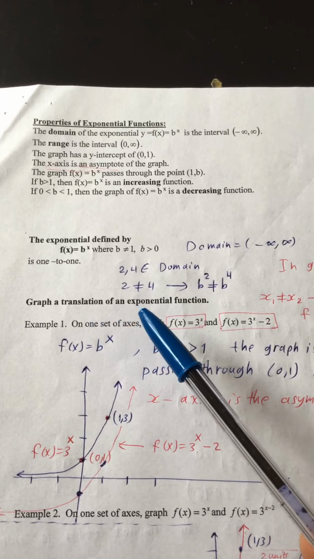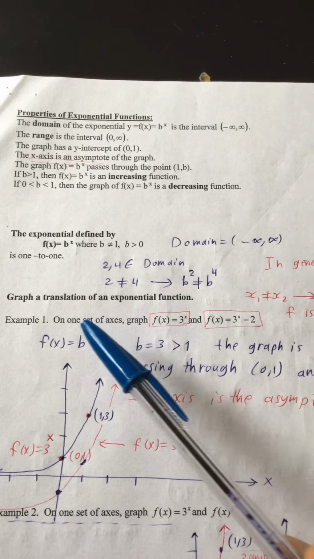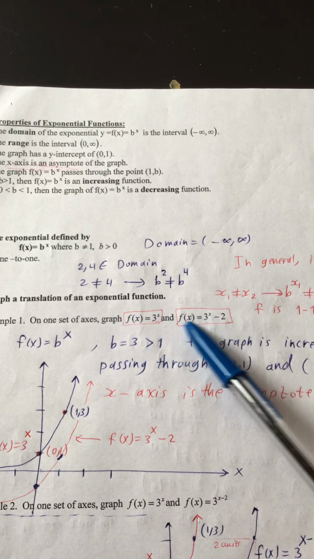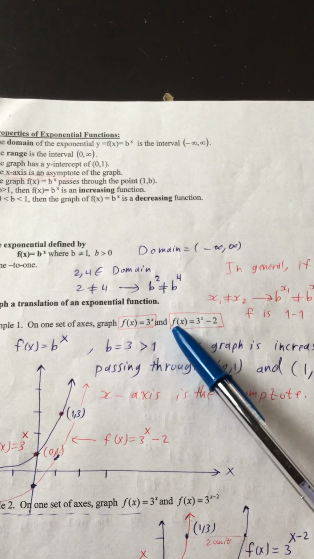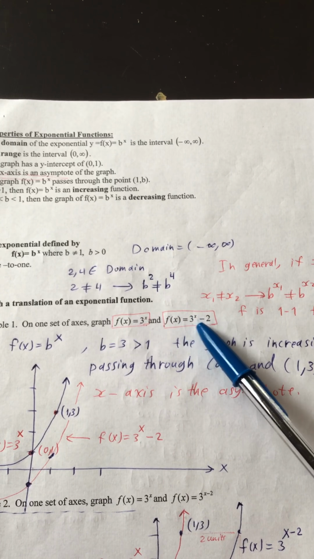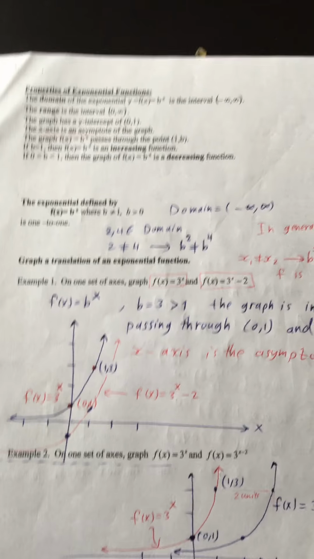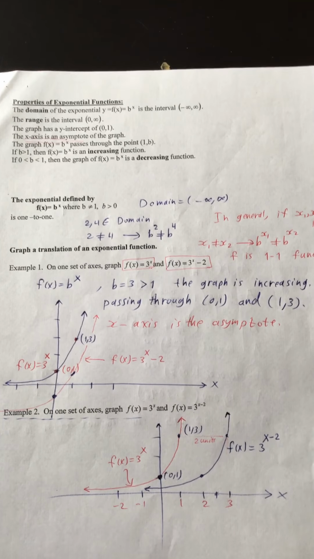Graph a translation of an exponential function. Let us graph on one set of axes these two functions: the exponential f(x) = 3^x and f(x) = 3^x - 2. Let us graph these two functions by using the properties of exponential functions.